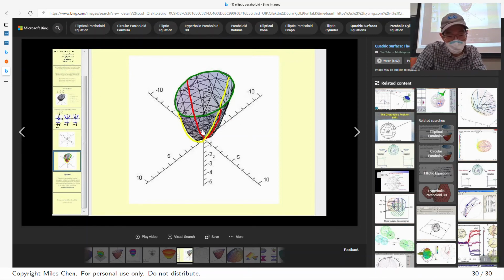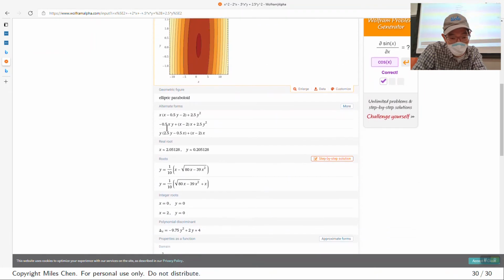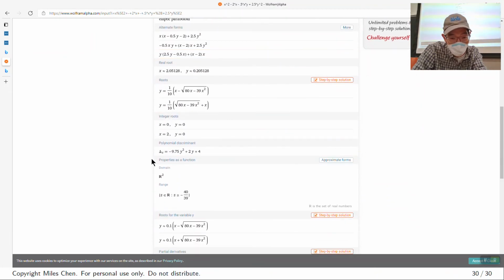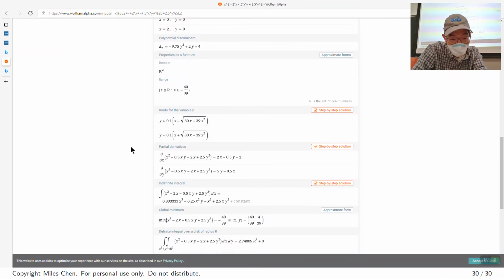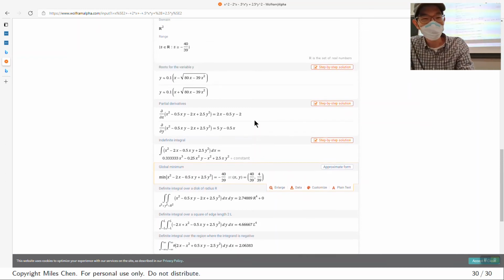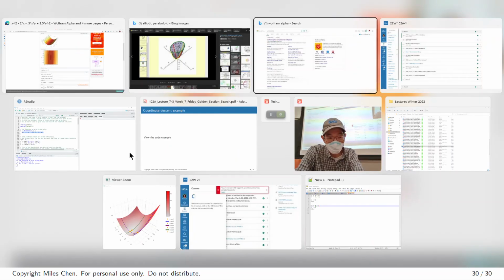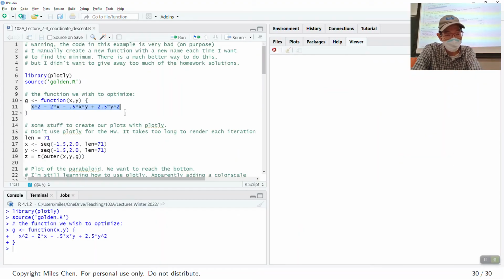We're going to try to find the minimum of this thing, and I think the global minimum is at this location, 40 over 39, comma 4 over 39. That's the global minimum of this thing.